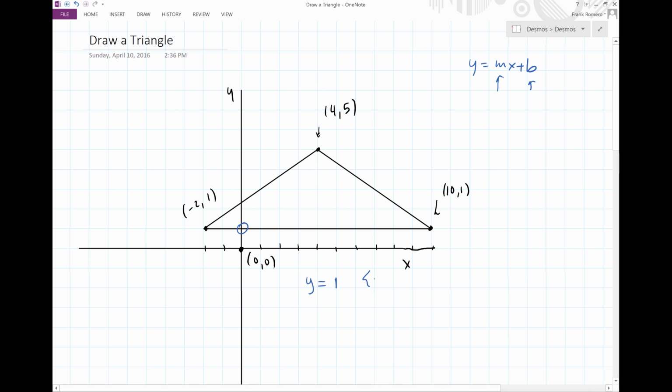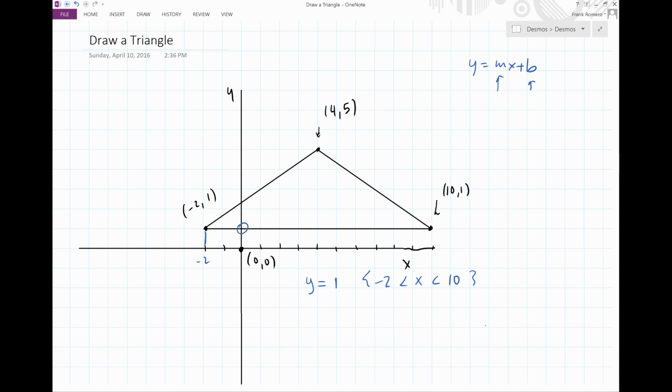Okay, and then the formula is controlled by x and how far to draw it. In this case, it's going to go from -2, by the way, -2, and then all the way up to 10. So this is the formula you would use for Desmos to draw that line, the base.